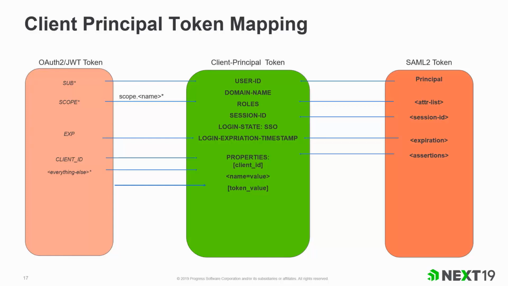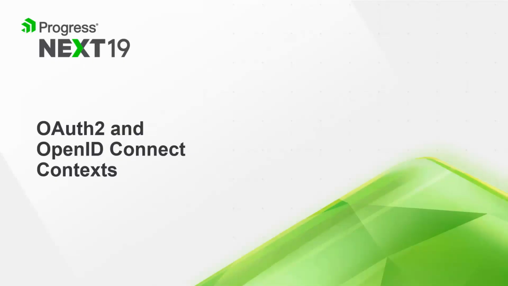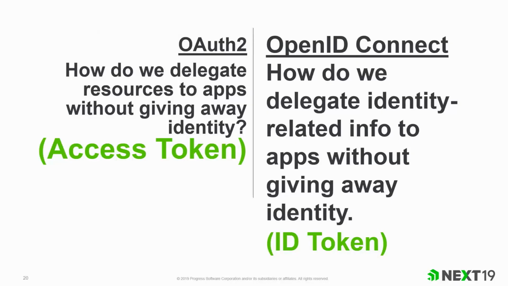There could be roles that could be mapped to access controls. There could be token expiration. There could be a multiple of OAuth or OIDC fields. There could be a client ID, et cetera. So these can all potentially be mapped within your Spring configuration.